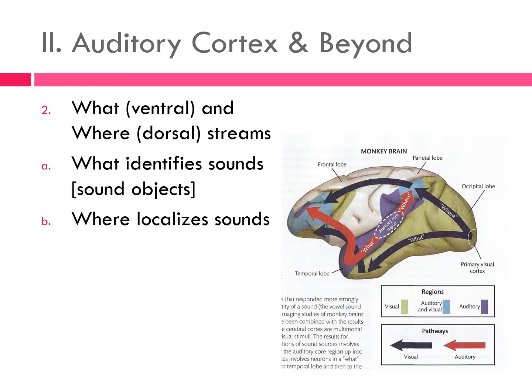And I started including this picture from one of my biological textbooks, just because I liked the way it showed how visual and auditory information can be put together back there, and especially in the where, so the parietal lobes, where we're going to want to navigate and figure out how to navigate within our environment, that we not only want to know where we see things, but where we hear things to inform us.